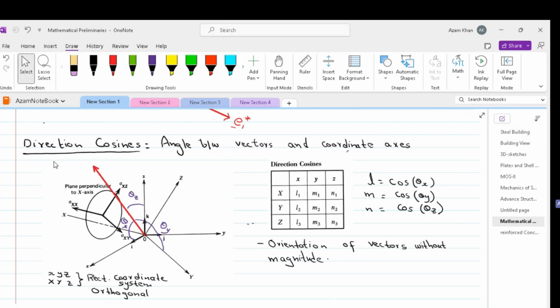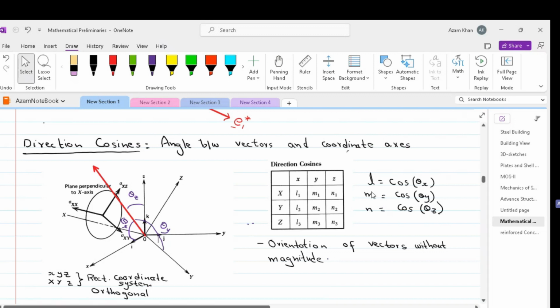In this figure, we have this red vector whose magnitude is equal to 1, and it is making angle theta x with the small x-axis, theta y with small y, and theta z with the small z-axis. And the direction cosines are thus L is equal to cos theta x, M is equal to cos theta y, and N is equal to cos theta z.